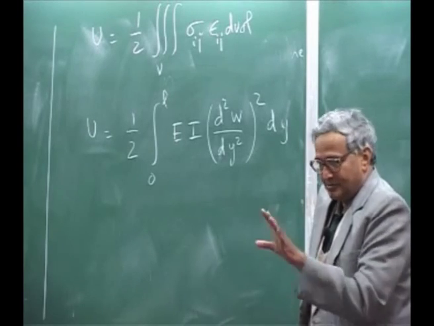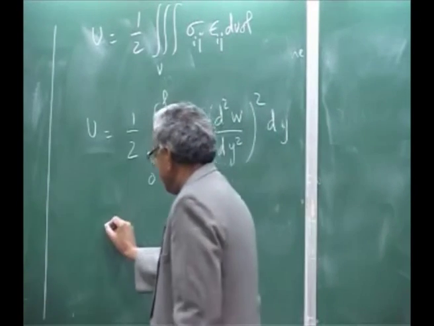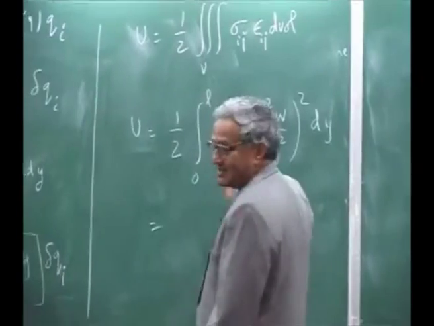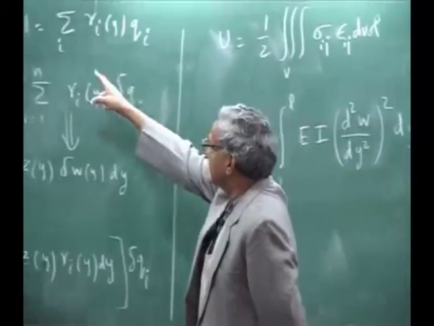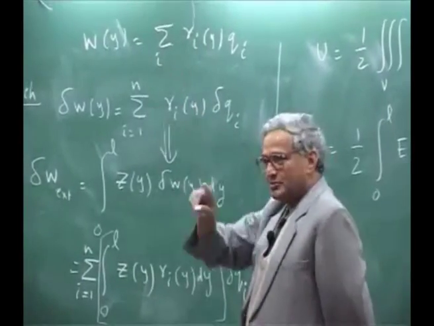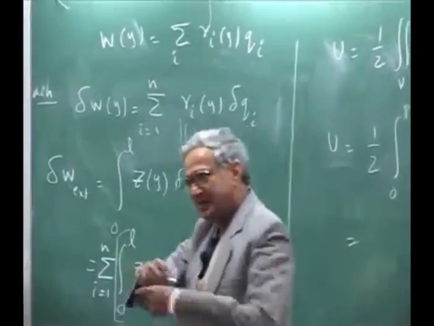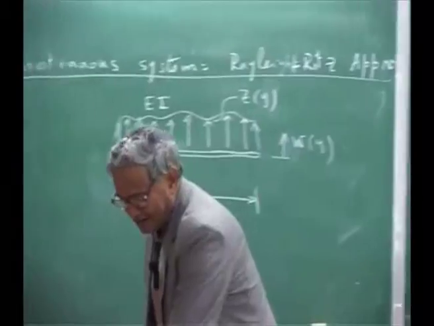Okay. But you will see, now I am going to substitute that function here, and then this is a square. So this will be actually, you can put it ij, 2 indices, and sum it up over both i and j.